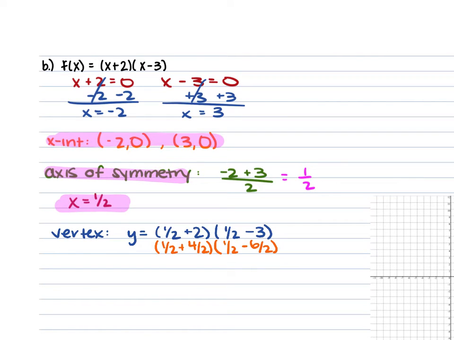The 1/2 plus 4 over 2 gives us 5 over 2. And the 1/2 minus 6 over 2 gives us negative 5 over 2. From here, we have a y that is negative 25 over 4. So our x was 1/2, our y is negative 25 over 4. Our vertex is the ordered pair 1/2, negative 25 over 4.